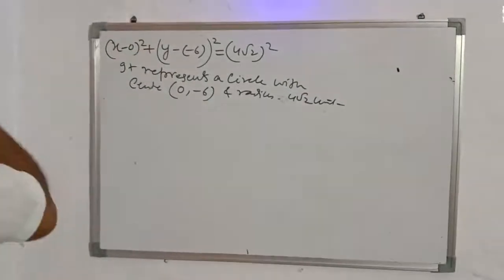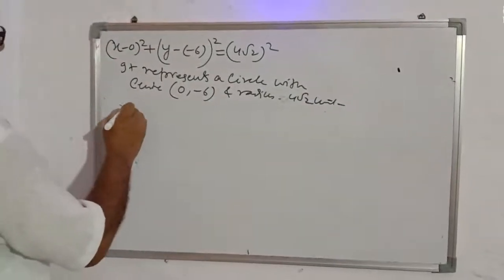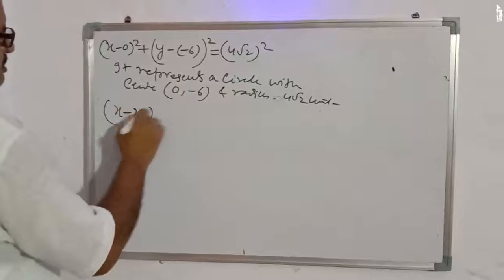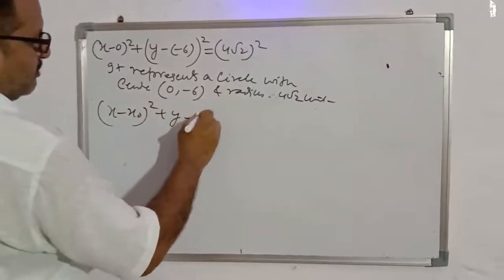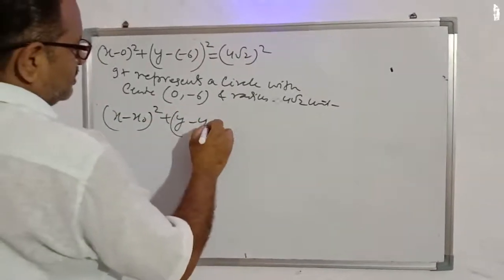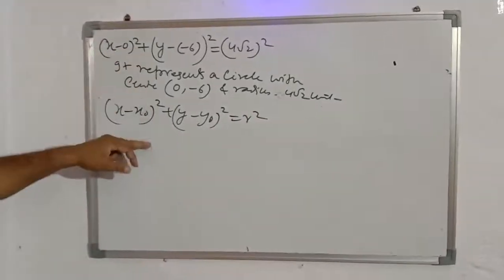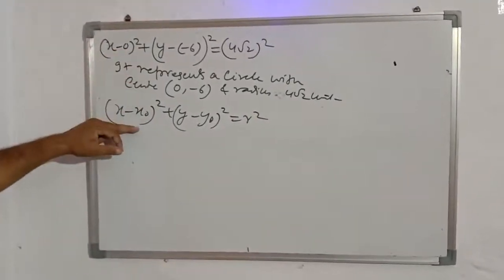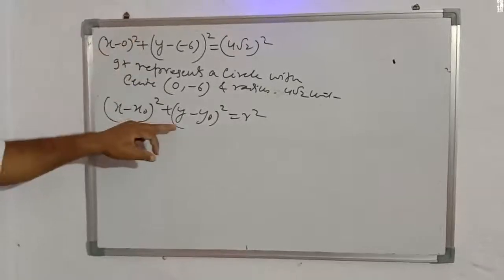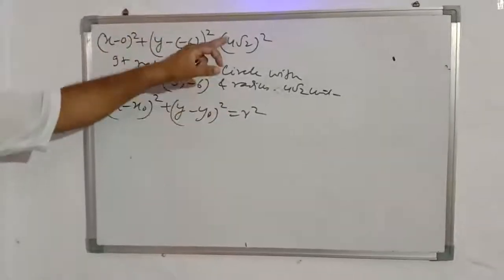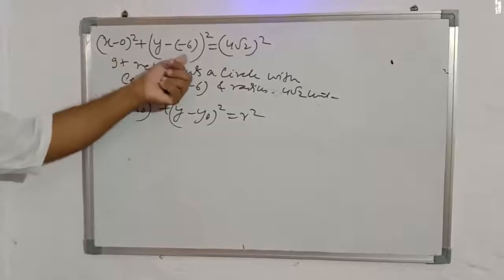How does it represent a circle? We know that the equation of a circle is (x − x0)² + (y − y0)² = r². Comparing, it is in this form, so it represents a circle.